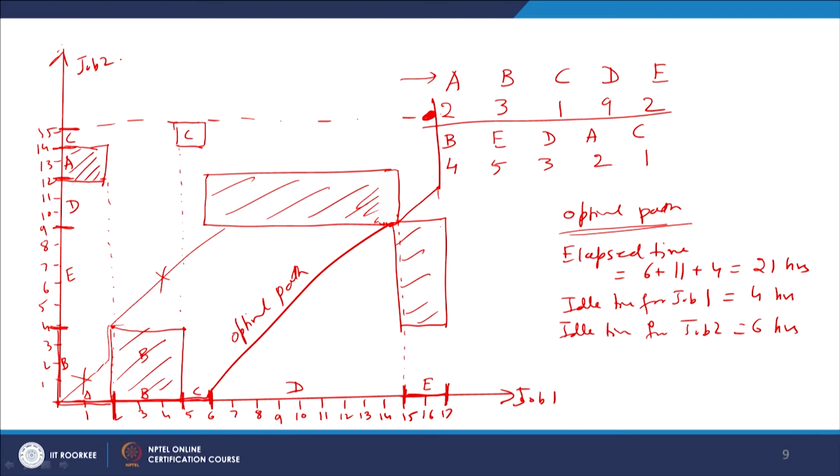As I said that you could have taken the other paths also, but all these paths, they will not give you the optimum sequence. The optimum sequence will be obtained only if you follow this path which I have marked as optimum, otherwise it will not give you the optimum path. So, this is the optimum path as I have shown over here.